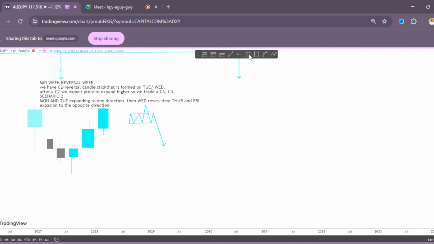The last one is a consolidating and reversal week. This is a simple week. For this we have a consolidation from Monday to Wednesday.